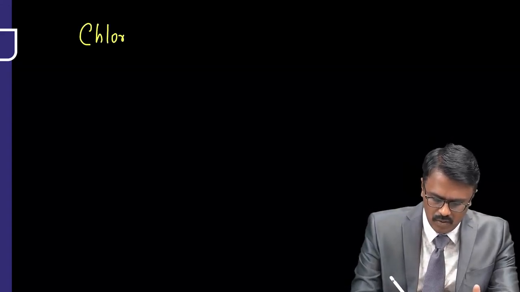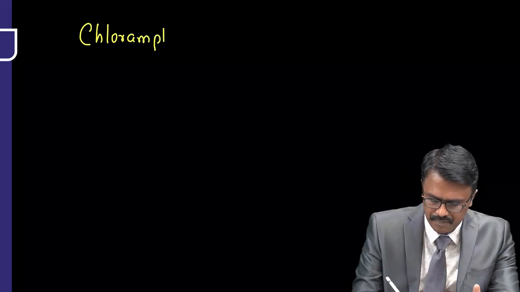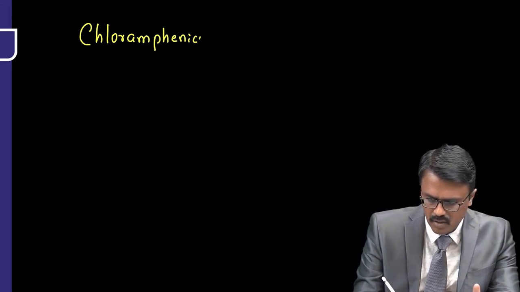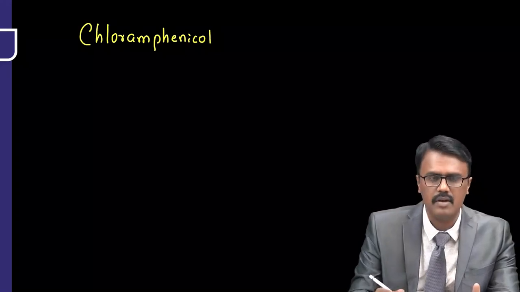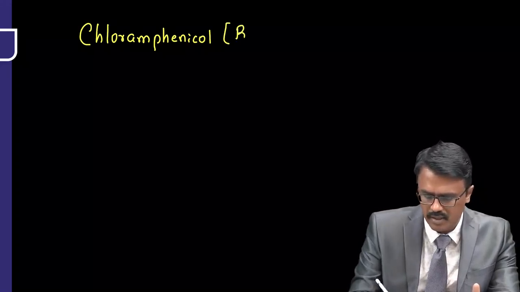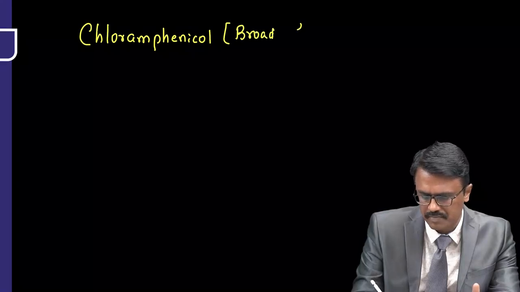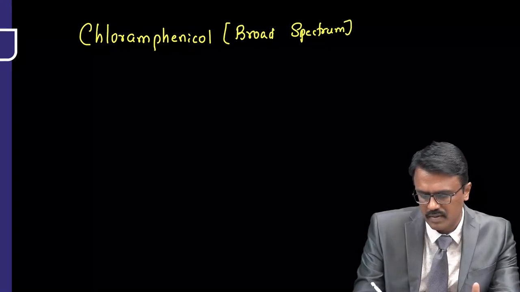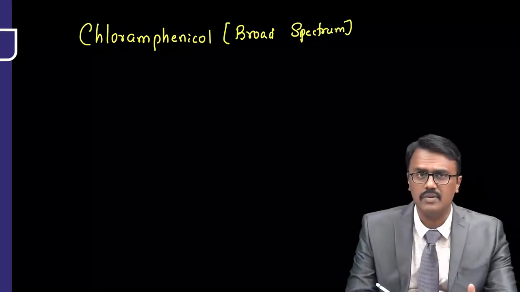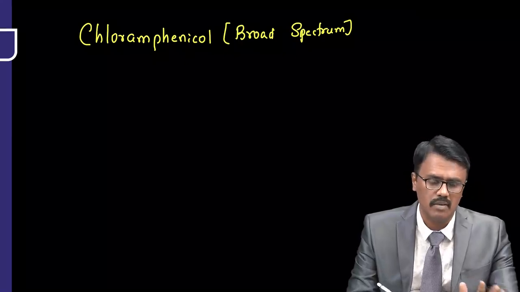One more broad spectrum drug is called chloramphenicol. The name is chloramphenicol. It ends like Fevicol. Again, it's a broad spectrum antimicrobial. But nowadays the problem is the drug has acquired resistance, so the usage of the drug has come down.